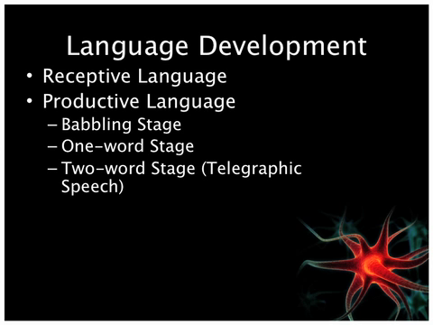The two word stage, or telegraphic speech, usually happens around 18 months to 2 years of age. It's different for every child. But it's called telegraphic speech because it's like an old school telegram, with as few words as possible being sent across the wire. And so know that telegraphic speech, or two word stage, is mostly nouns and verbs, right?